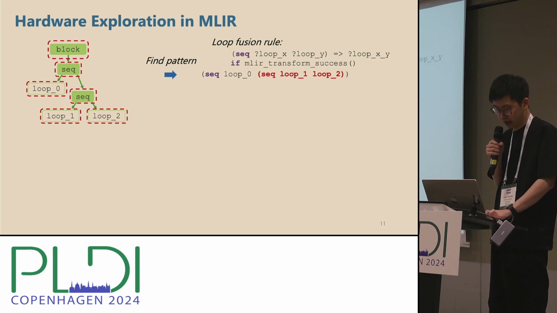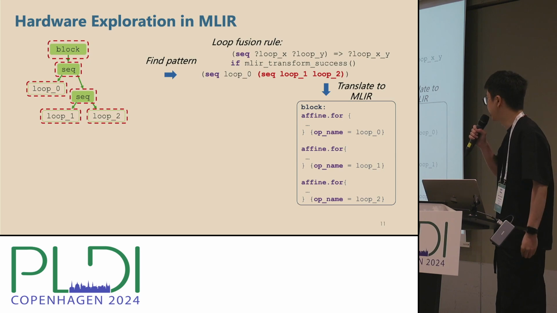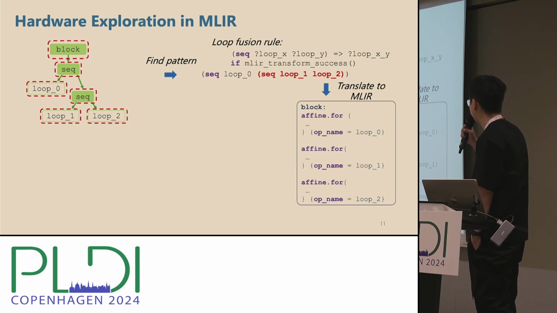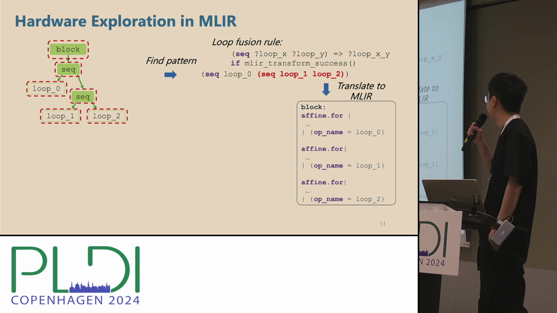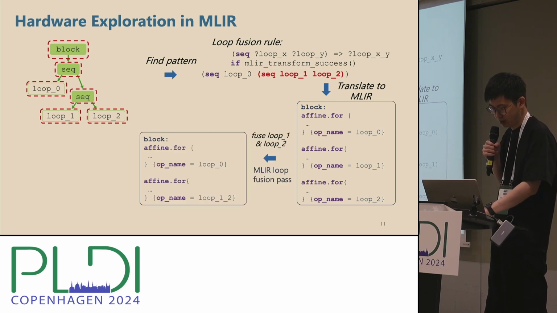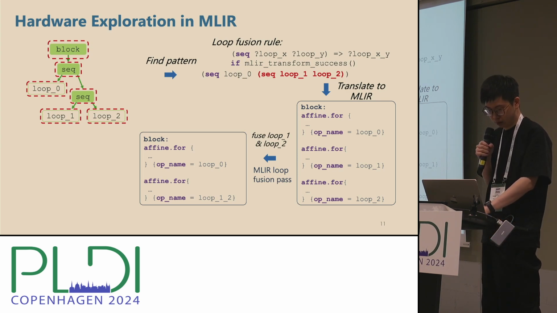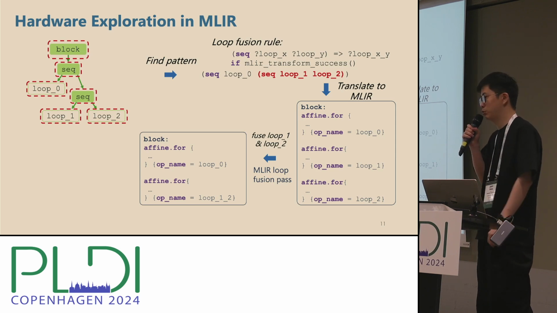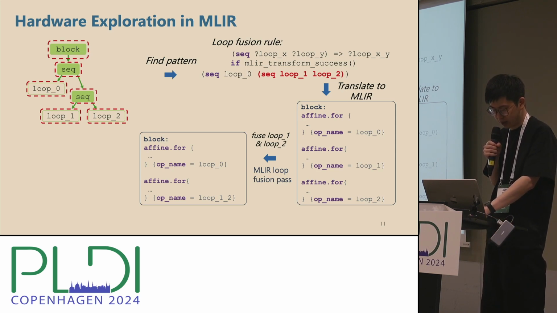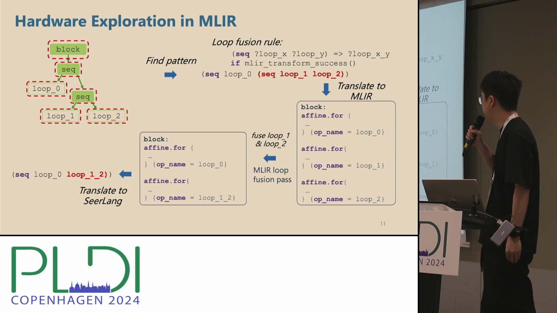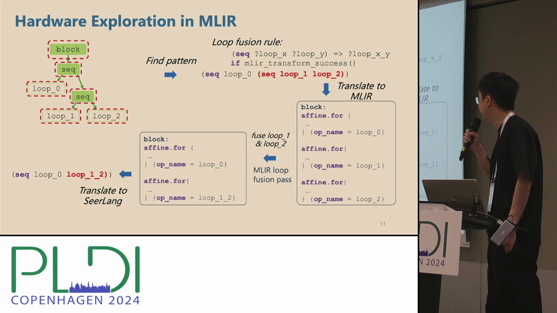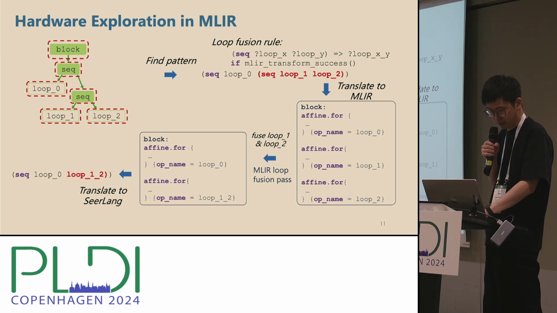The idea is that we translate this particular representation of the program back to MLIR and ask the MLIR loop fusion pass, hey, could you fuse them? If that is successful, by checking the difference between these two programs, we will convert that back to a SEERLAN representation, and then we can just union it back into the eGraph.